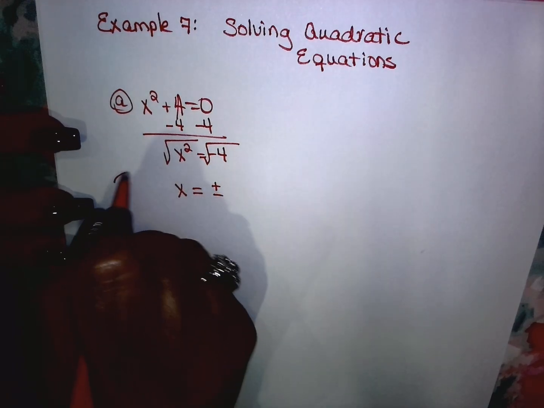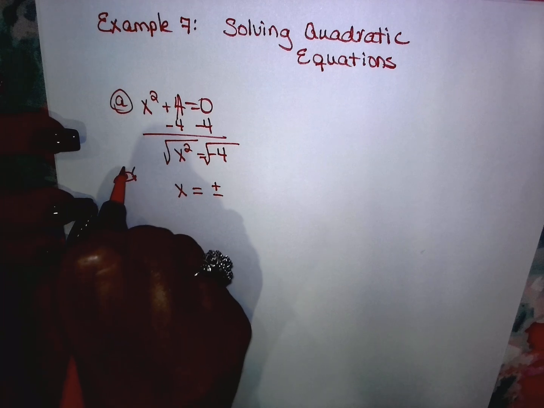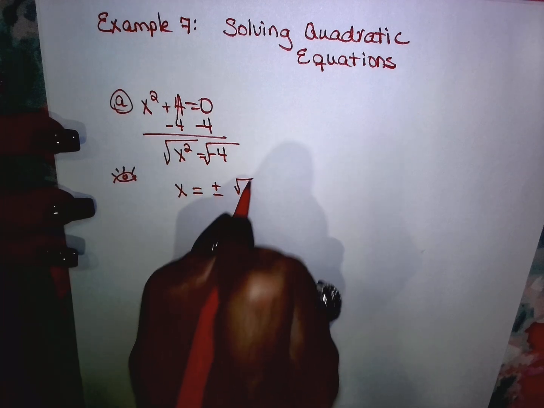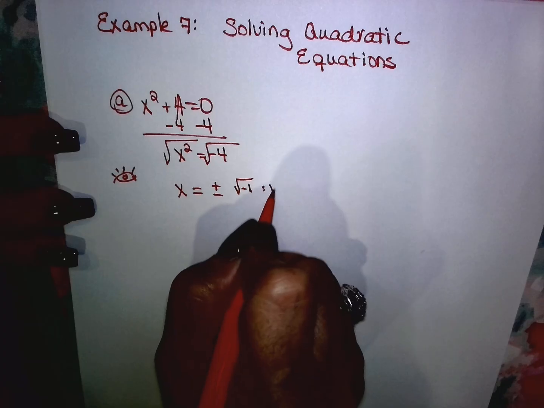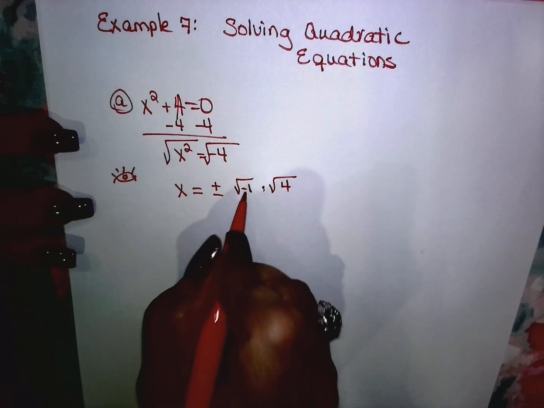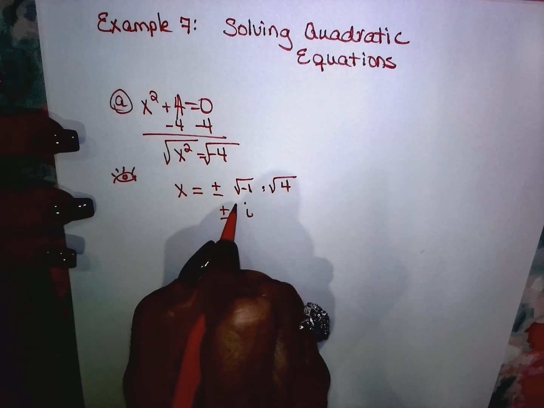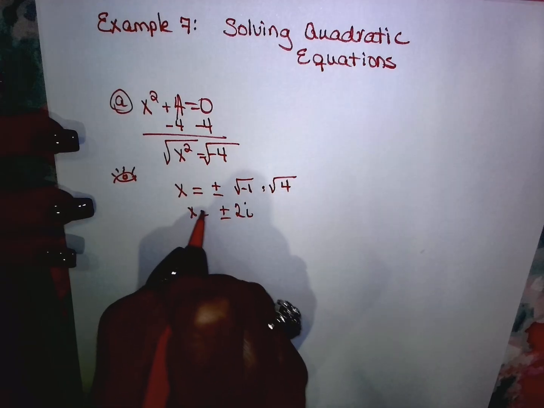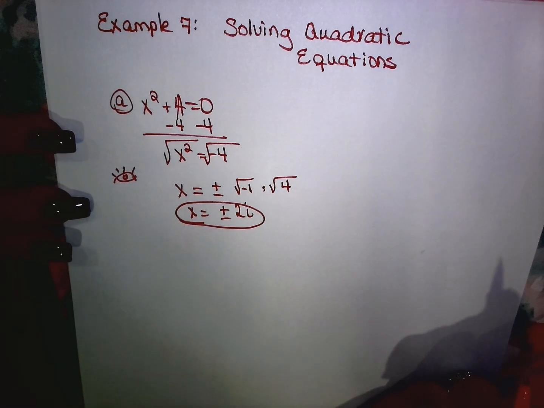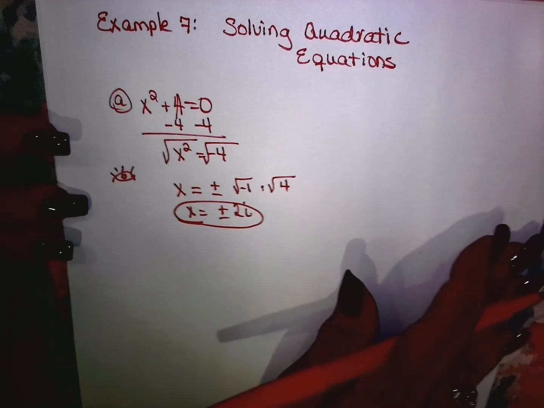Now you're going to pull the i out, which is the square root of negative 1, and the square root of 4. The square root of negative 1 is i, and the square root of 4 is 2. So x equals plus or minus 2i.